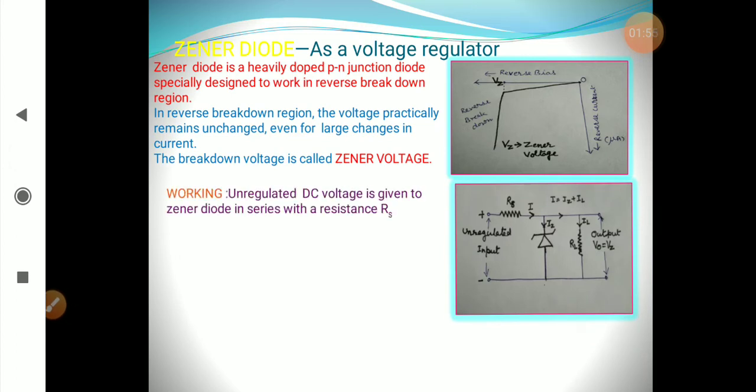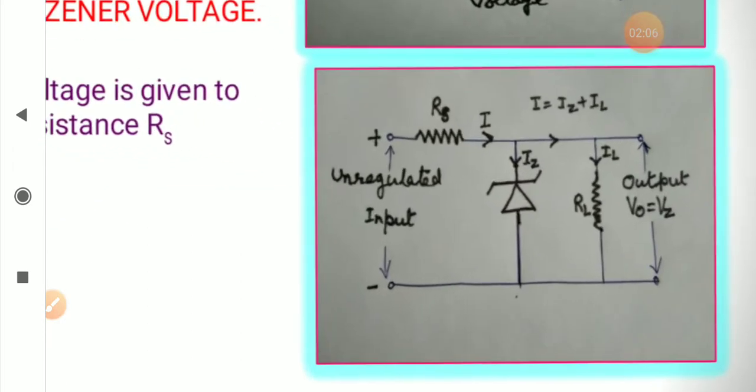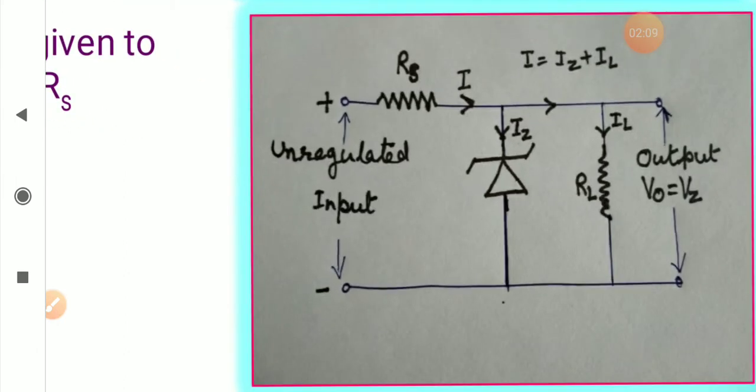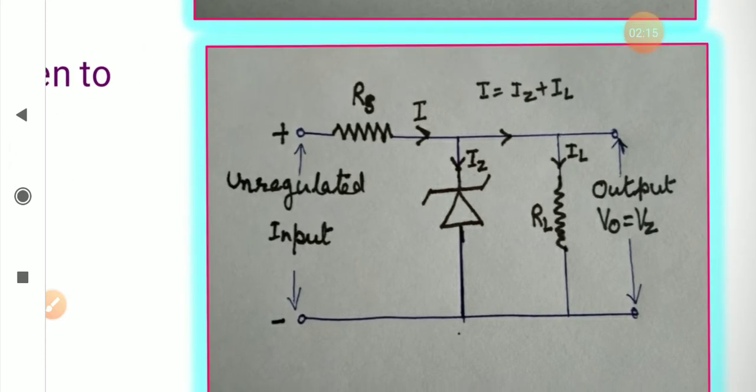So, unregulated DC voltage is given to Zener diode in series with a resistance Rs in reverse bias. So let us try to understand it. Unregulated input is given to it through this series resistance Rs.